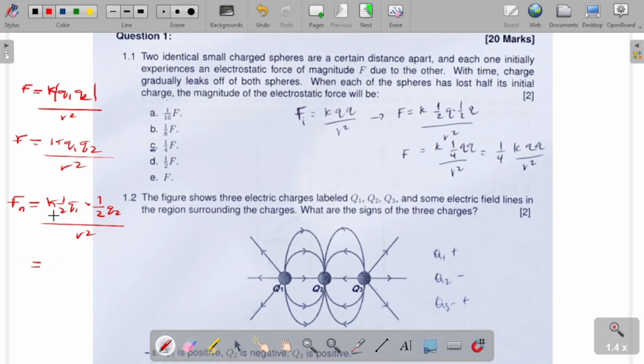Now the halves can multiply, and we can have 1 over 4 here multiplied by K, and then Q1, Q2 over R squared here. Now as you can see, this quantity here is the same as this quantity here, meaning our new force Fn is 1 over 4 of our original.